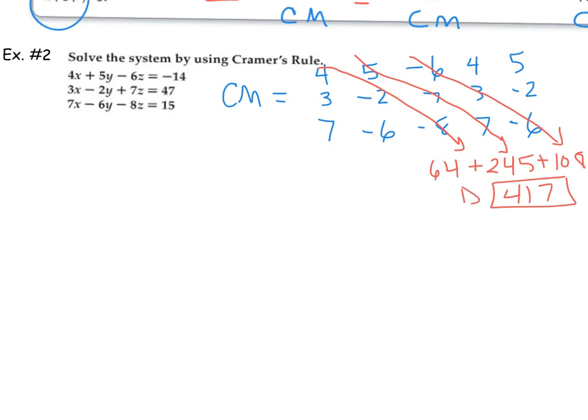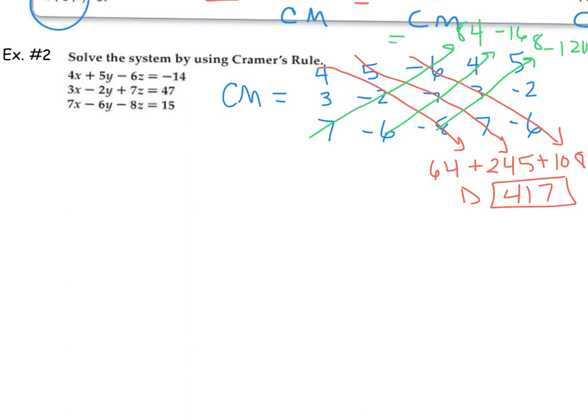Okay, if I change colors, we'll do the ups. So the ups: 7, -2, and -6 is 84. -6, 7, and 4 is -168. And -8, 3, and 5 is -120. Okay, didn't leave me much room there.